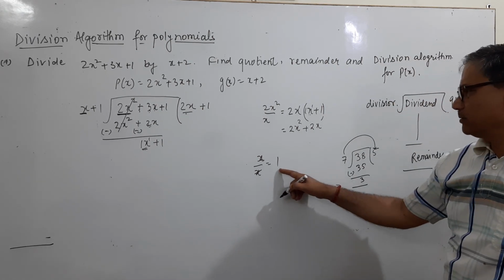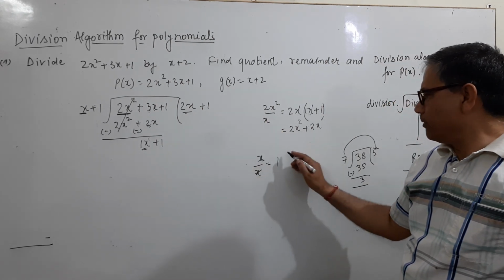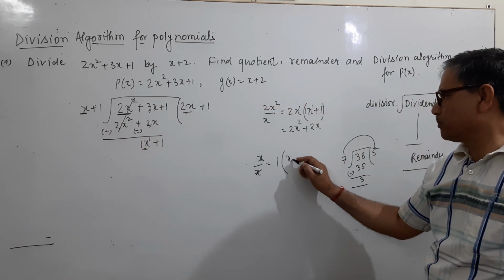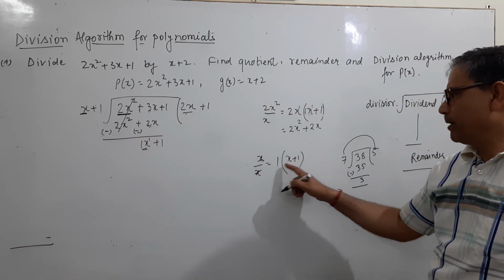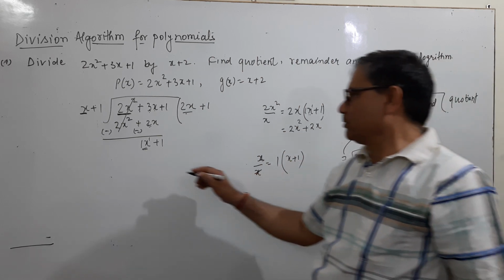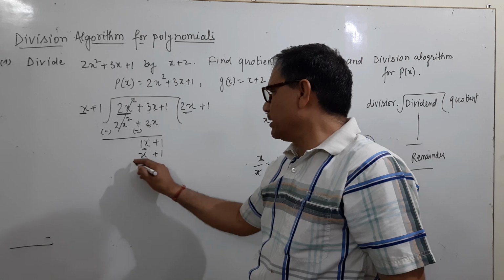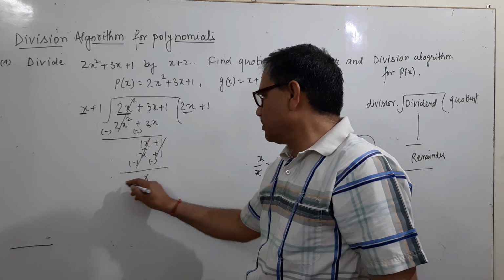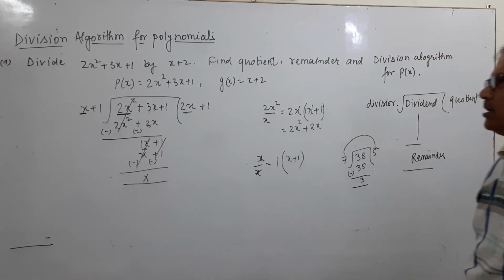This quotient is multiplied by the divisor x plus 1: 1 into x, 1 into 1. So x plus 1, and the sign will change. This will cut, this will cut, this will be 0. So the remainder is 0.